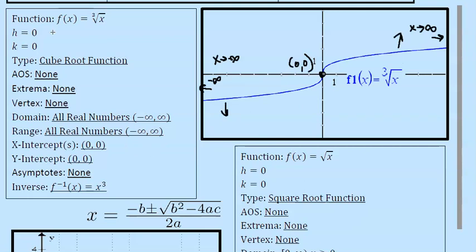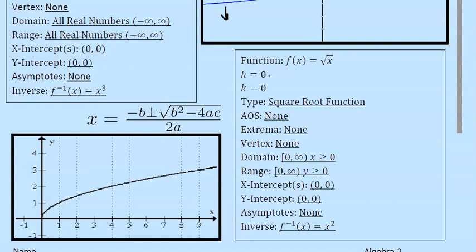The x-intercept is at 0, 0. The y-intercept is also 0, 0. There are no asymptotes until we get to rational functions and exponential and logarithmic functions, which will be in later units this year. And then the inverse function, f inverse of x, is the cubic function, x cubed.